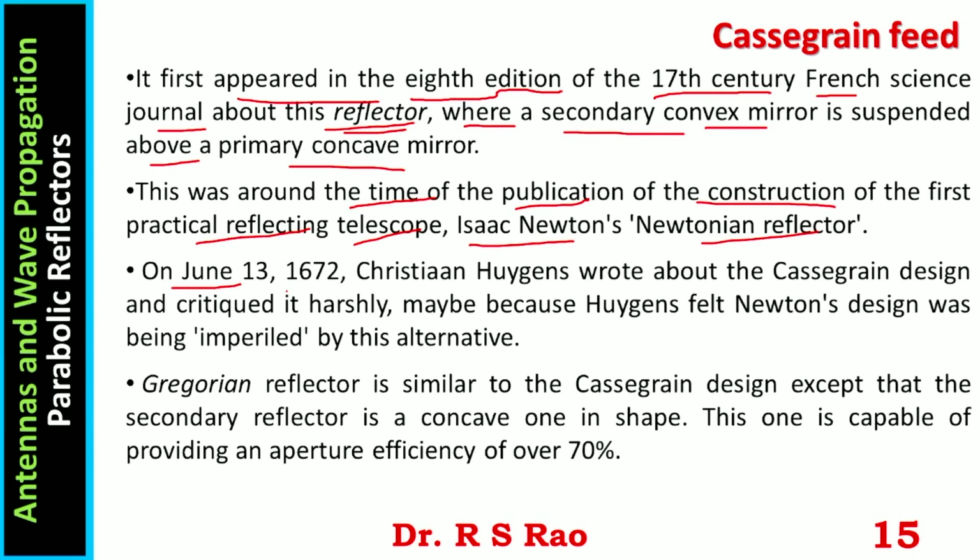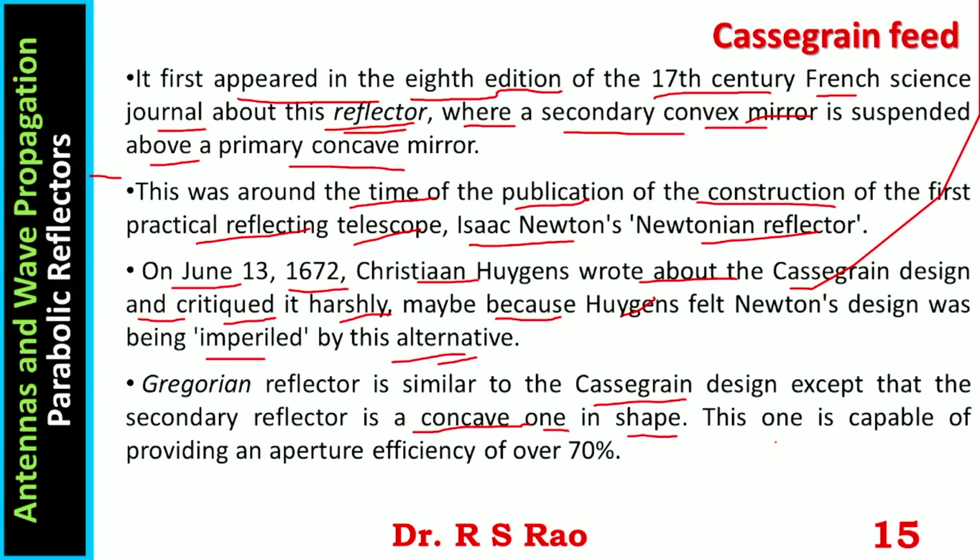On June 13, 1672, Christiaan Huygens wrote about the Cassegrain design and critiqued it harshly, maybe because Huygens felt Newton's design was being imperiled by this alternative.